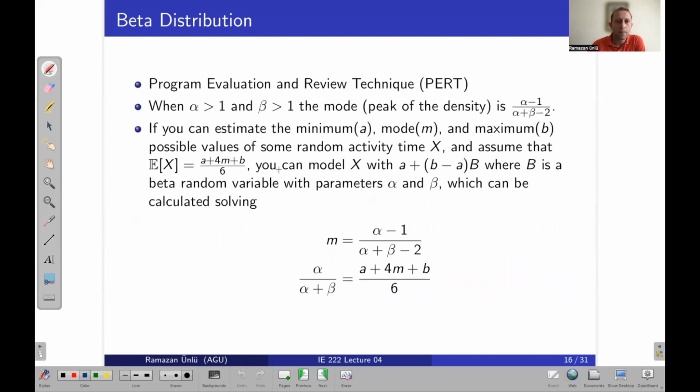Okay, so another area where the beta distribution is used is called the program evaluation and review technique, which is PERT.